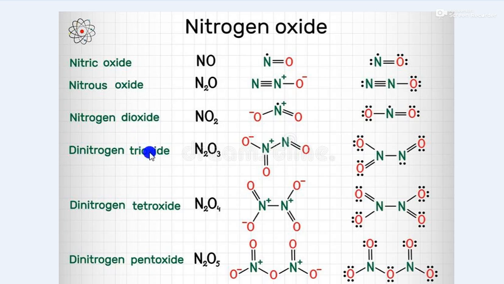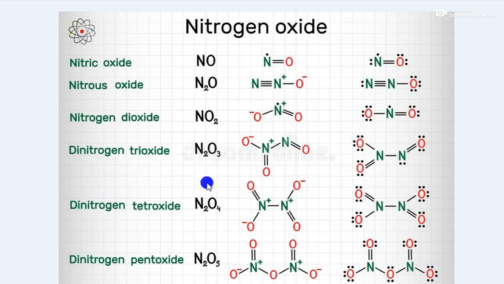The next one, see N2O3. N2O3, that means what? Dinitrogen trioxide. Here you see nitrogen and oxygen both are non-metals. What I told you, that means if two non-metals are there, then you write them side by side and you add only the prefix. Here how many nitrogen are there? 2, and oxygen 3. So the name is dinitrogen trioxide.